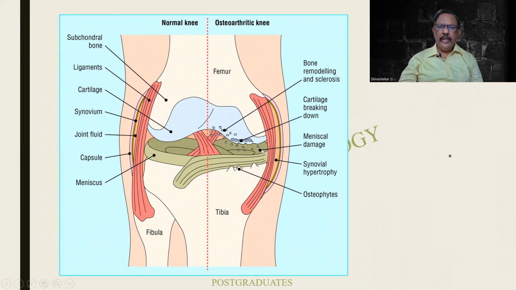The synovium, instead of having 2 layers, undergoes a hyperplasia. The osteophytes: after all this damage, there will be spurs of bony tissue that go into the joint space. So you can very well imagine the havoc it can play if it is a weight-bearing joint. So please compare the normal with the osteoarthritic knee.